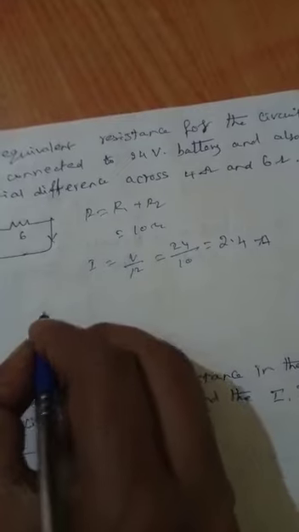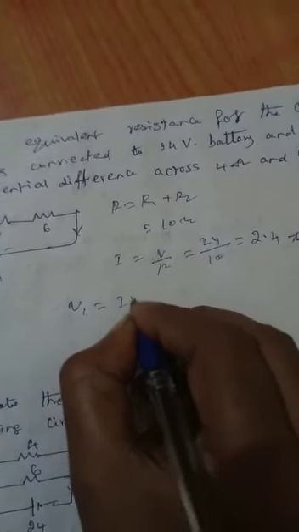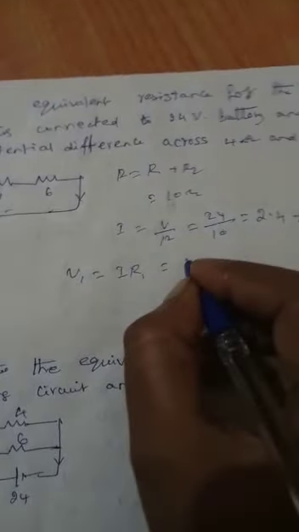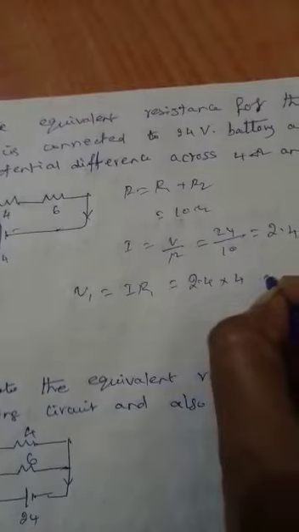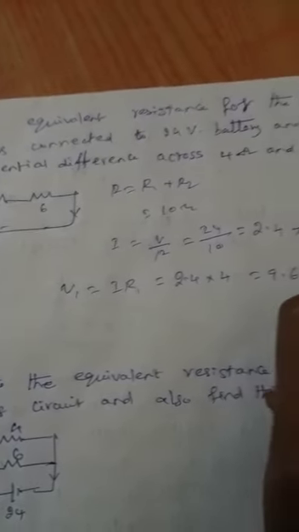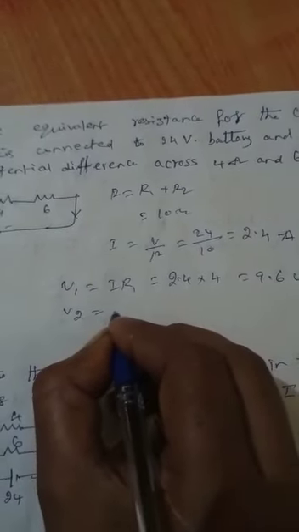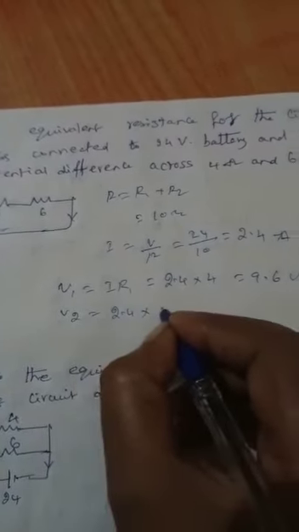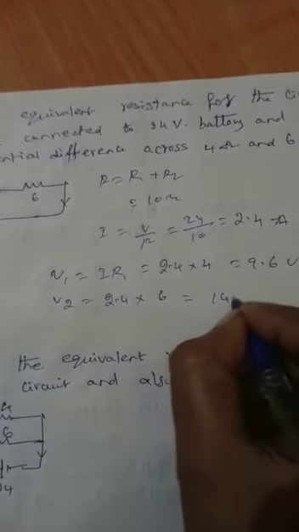Voltage across the 4 ohm resistor: V1 is equal to IR1, 2.4 into 4, we get 9.6 volt. Next, voltage across the 6 ohm resistor: IR2, I is 2.4, R is 6, so we get 14.4 volt.